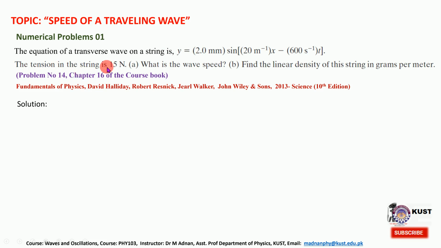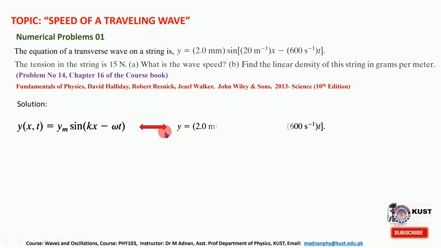The tension in the string is given as 15 Newton. We need to find out the speed of that wave, and also the linear density of this string in grams per meter. So we'll start with the wave representation, the general form for a sine wave.